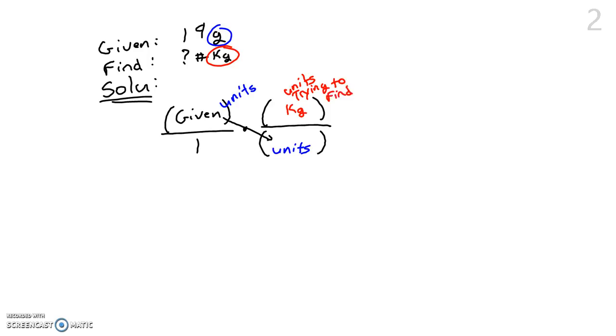So we have given units, and units we're trying to find, and we're going to multiply until we get to what we want. The trick is this box right here. This is the units of the answer.